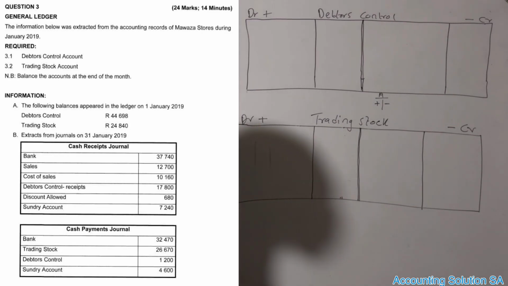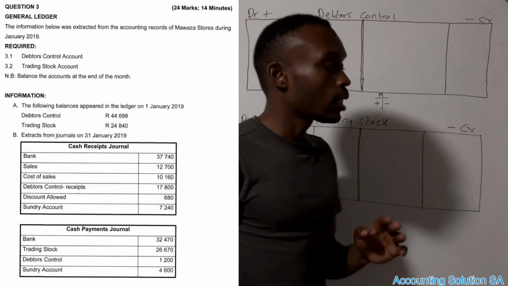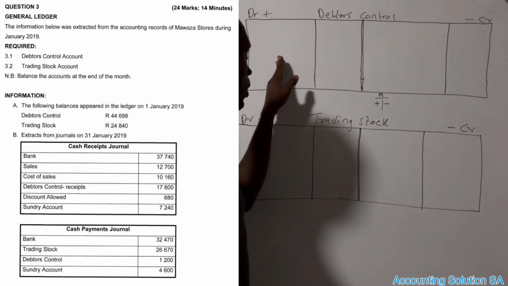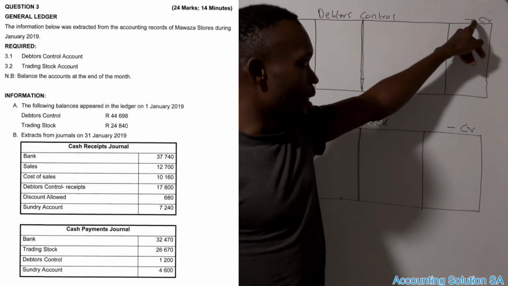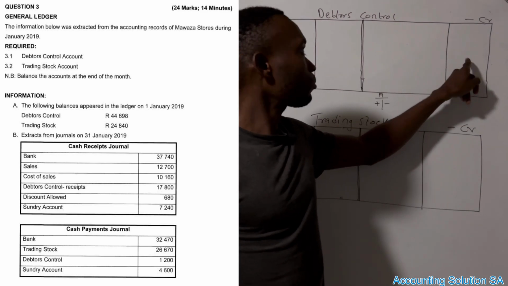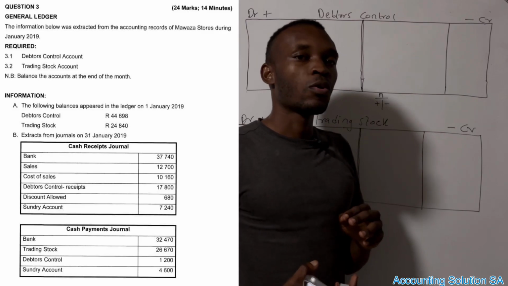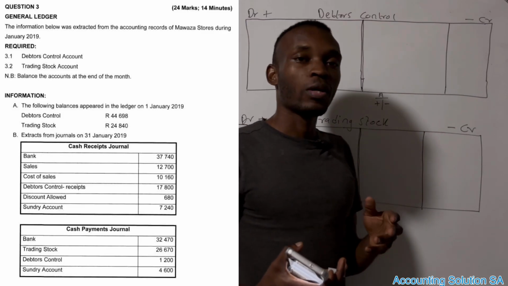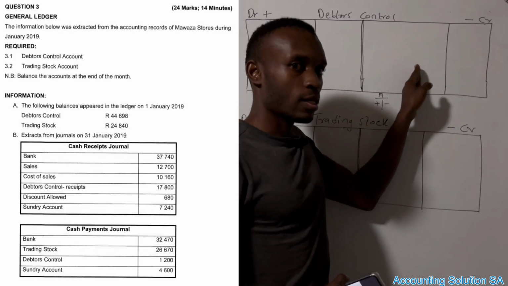Every time a debtor comes and borrows from us, his liability is going to increase on this side, but if he pays, his liability is going to decrease on this side. If we give him a discount, or maybe he returned goods and is no longer going to pay for them, it's going to decrease his debt on this side.